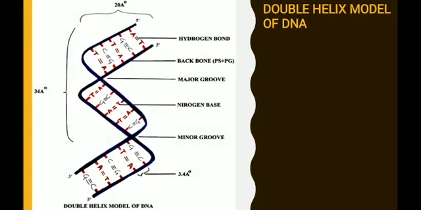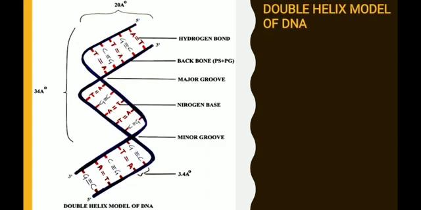Now let me explain the structure of DNA, particularly the double helix model of DNA. Let me draw the diagram. Yes, so this is a simplified diagram of a double helix model of DNA. I can see the two strands of DNA, and the two strands are paired together by bonds known as hydrogen bonds.